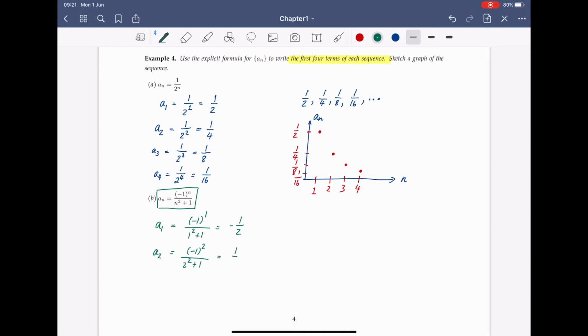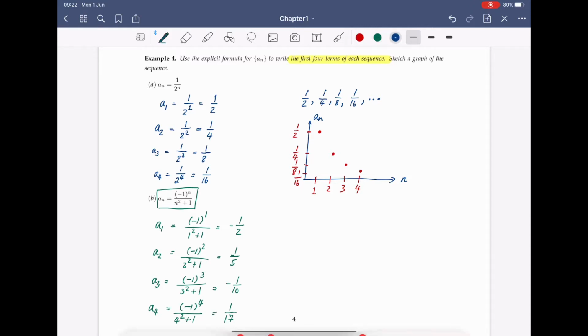So this is 1/5. And then a_3 is equal to (-1)^3 over 3 squared plus 1. So this is negative 1/10. And then a_4 is (-1)^4 over 4 squared plus 1. So this is 1/17.